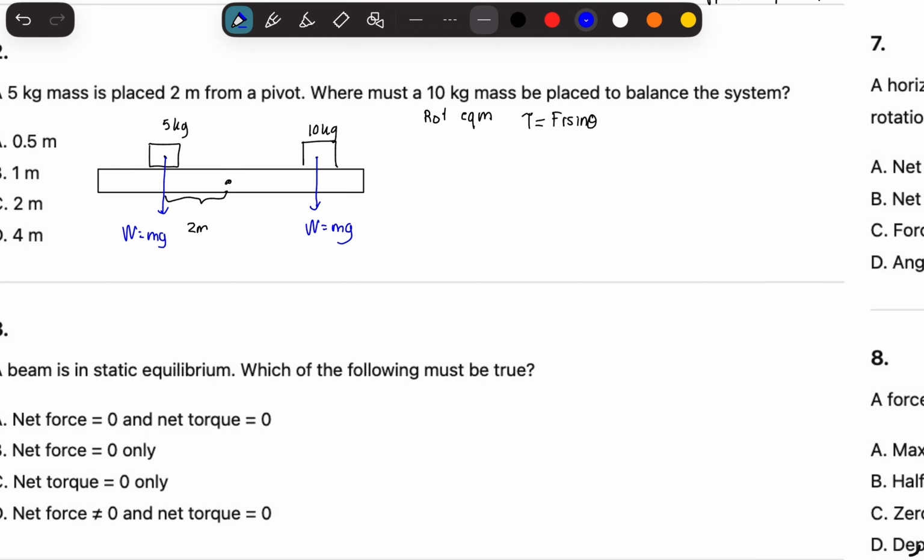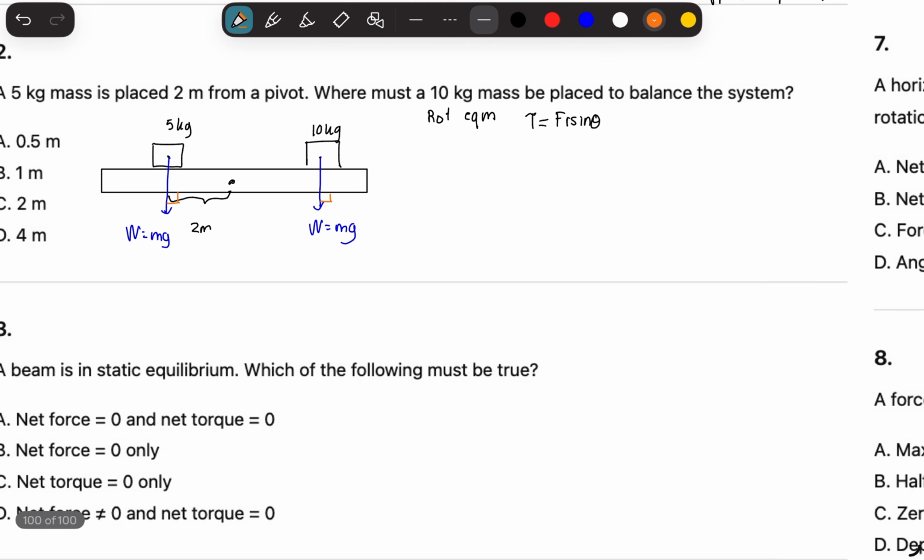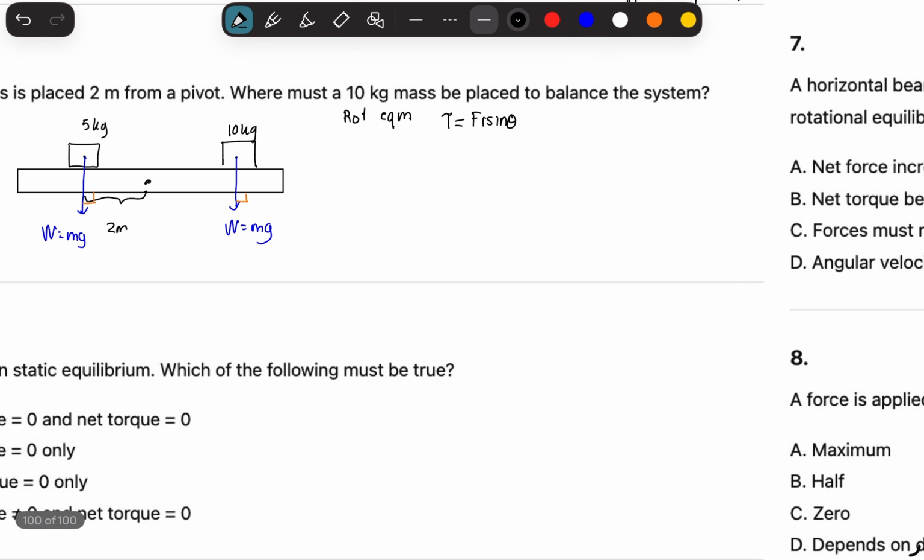So if we draw it through the object, it's perpendicular like this. So your force is going to equal the weight. And theta is equal to 90 degrees.